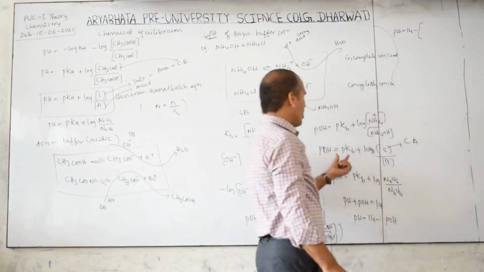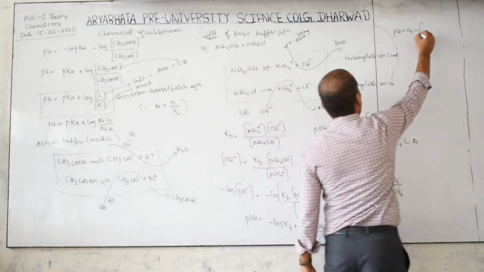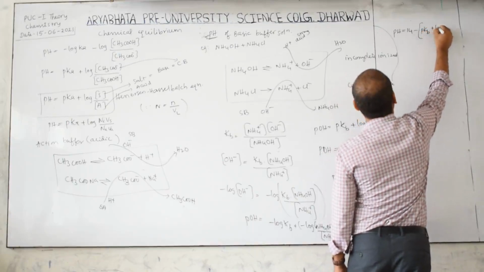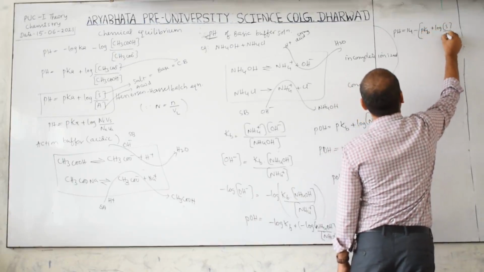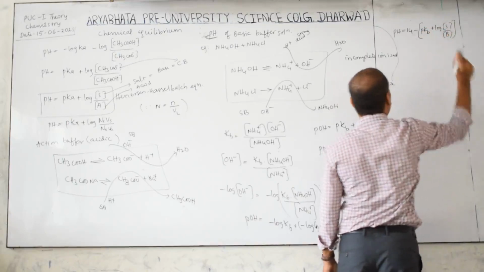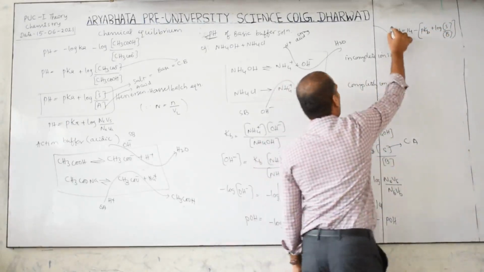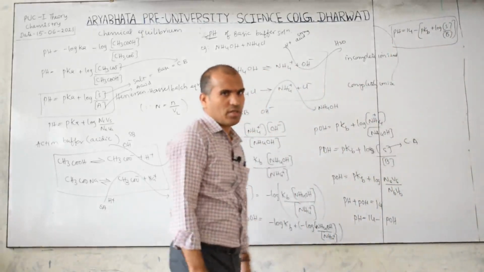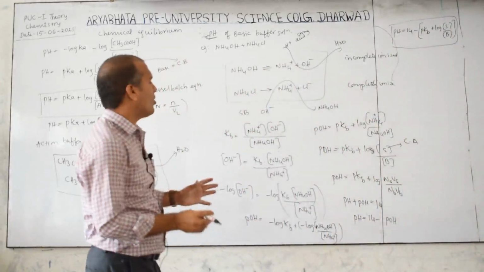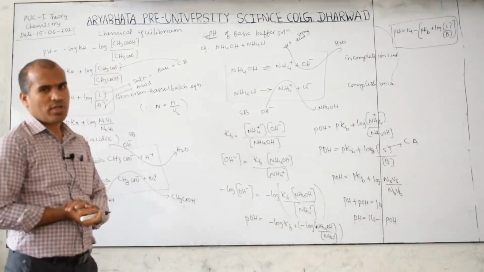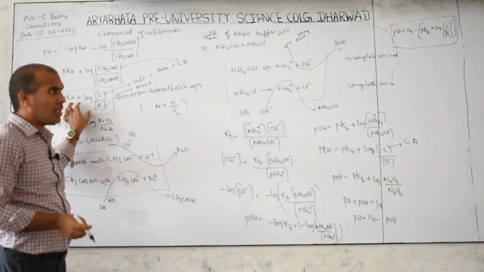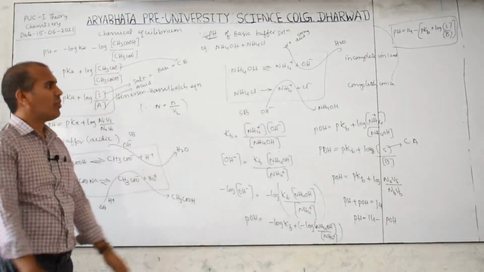Therefore, what is the pH formula here? pKb plus log of salt concentration by base concentration. Like this is the formula to calculate the pH of a basic buffer solution. Okay, so now we know the acidic and basic buffer solution pH calculation. Whatever formulas are given in the box, you have to remember.